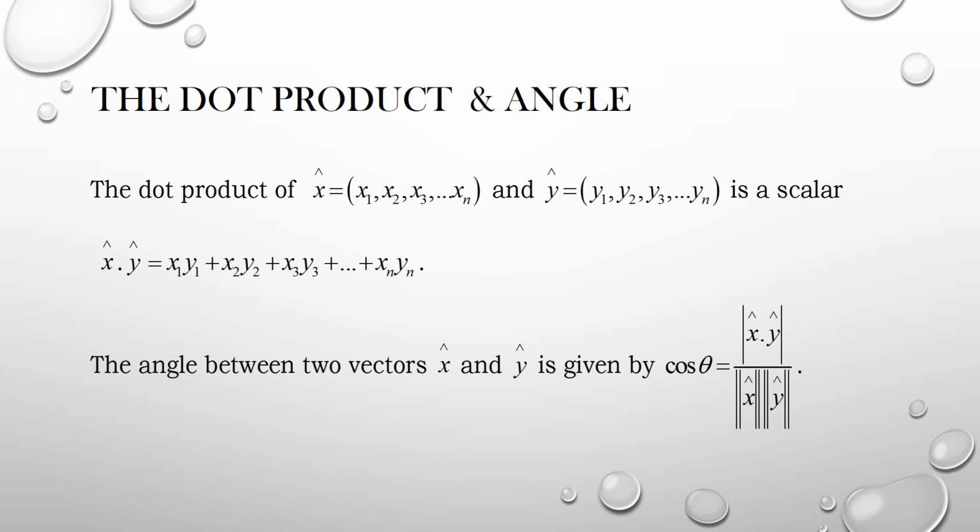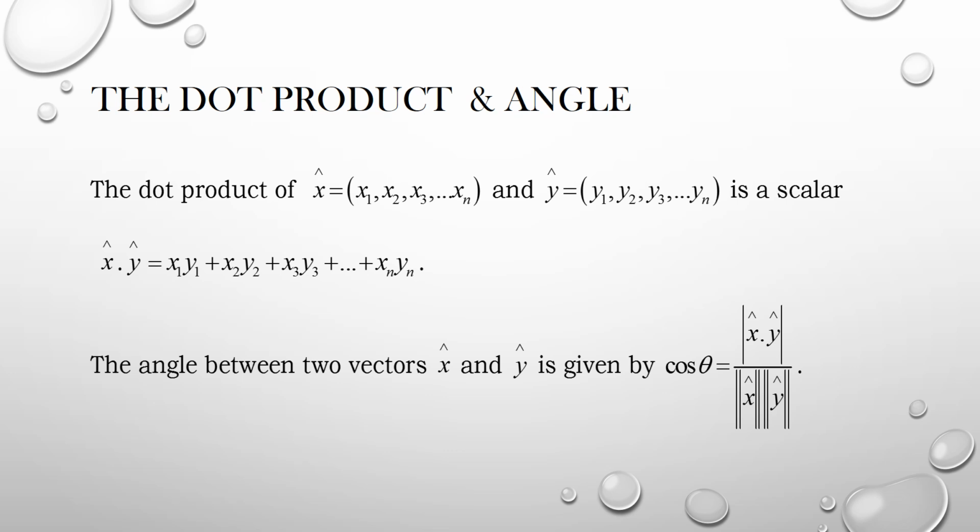Suppose x cap equals x1, x2, so on xn and y cap equals y1, y2, so on yn are any two vectors in Rn, then their dot product x cap dot y cap is a real number. It's a scalar. It is defined by x cap dot y cap equals x1 y1 plus x2 y2 plus x3 y3 plus so on plus xn yn. So the dot product of two vectors is always a scalar.